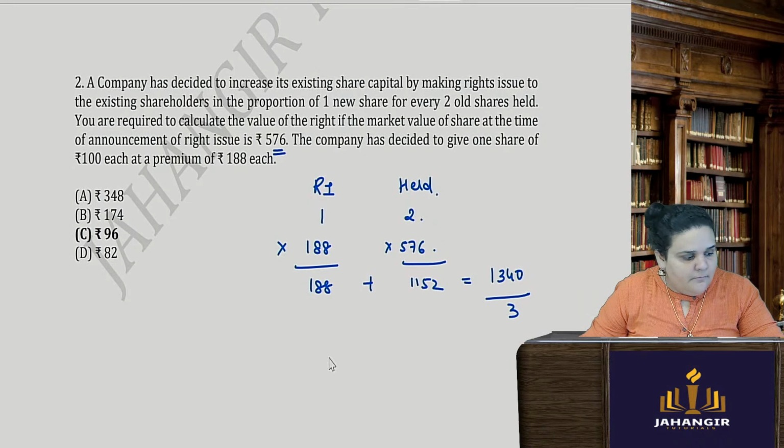576 into 2 is 1152, plus 188. Sorry, the premium is 188, therefore the price will become 288.